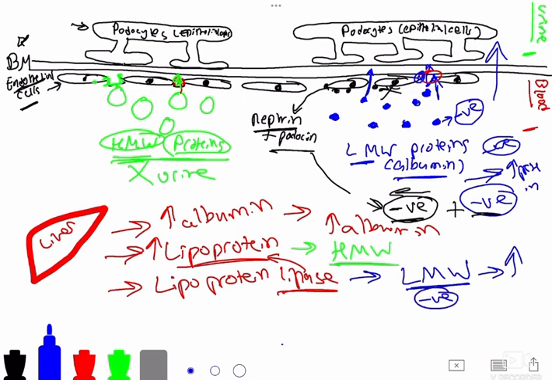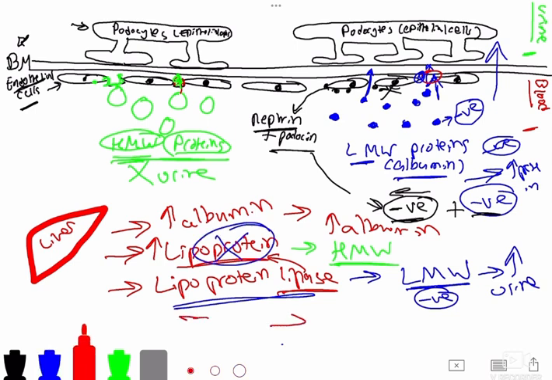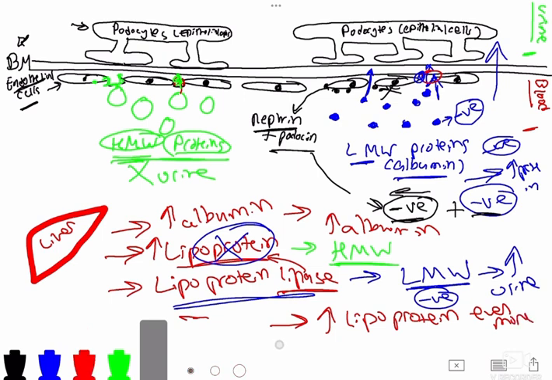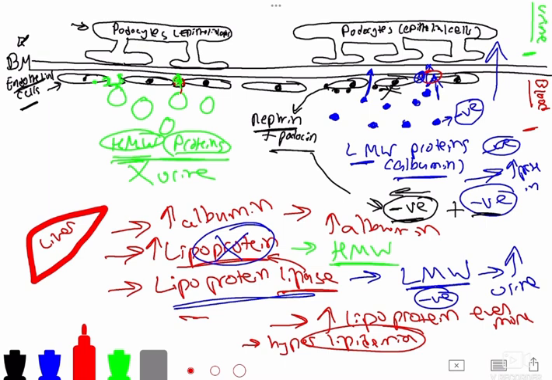So it passes through to the urine, meaning if it passes through, it cannot break down the lipoprotein. So lipoprotein is actually going to increase even more, and this causes the final symptom, which is hyperlipidemia. And that's all. That's the pathophysiology of nephrotic syndrome explained.